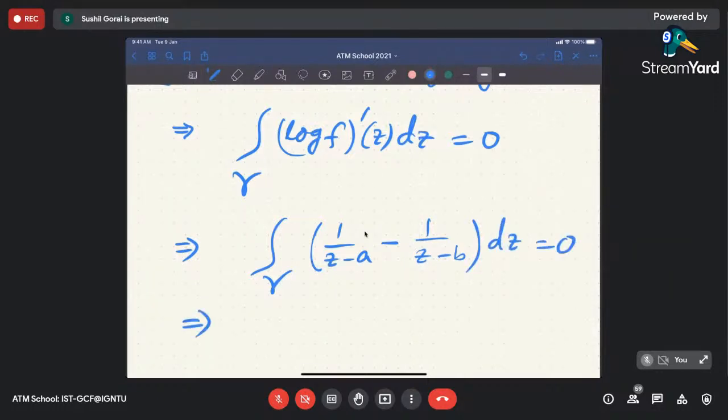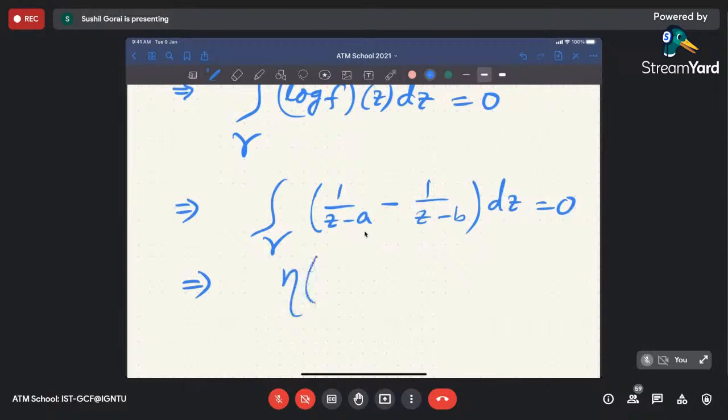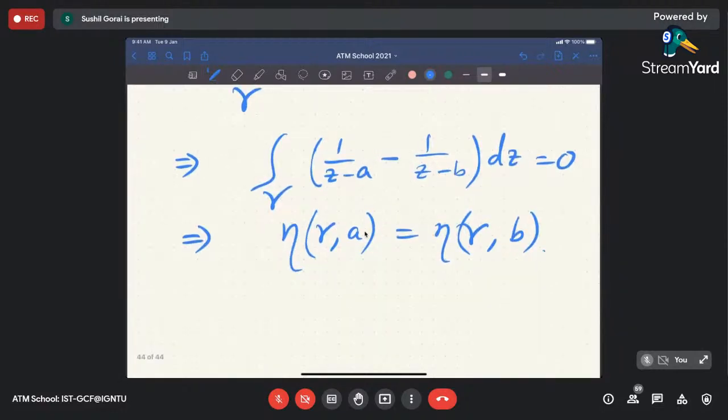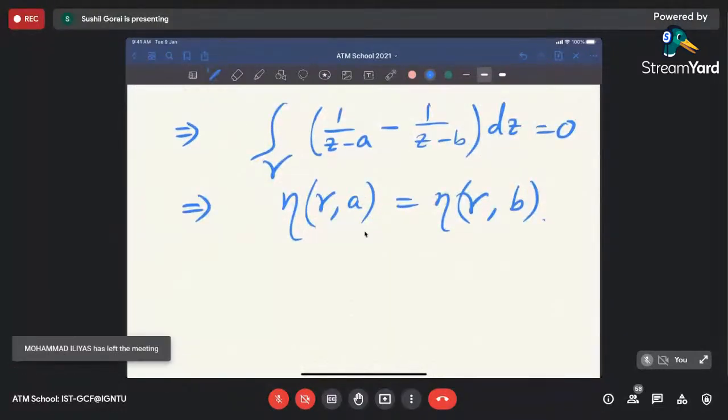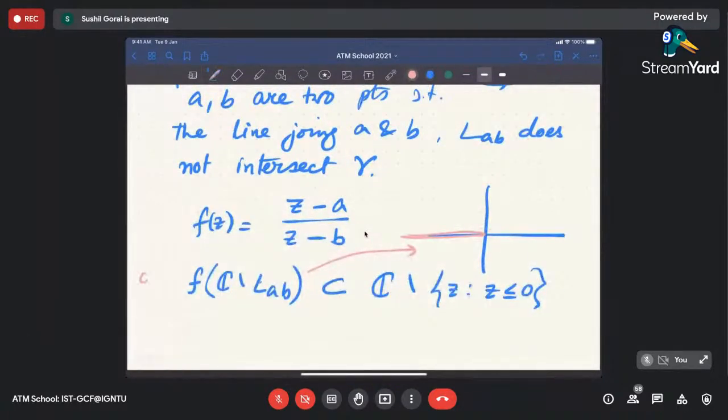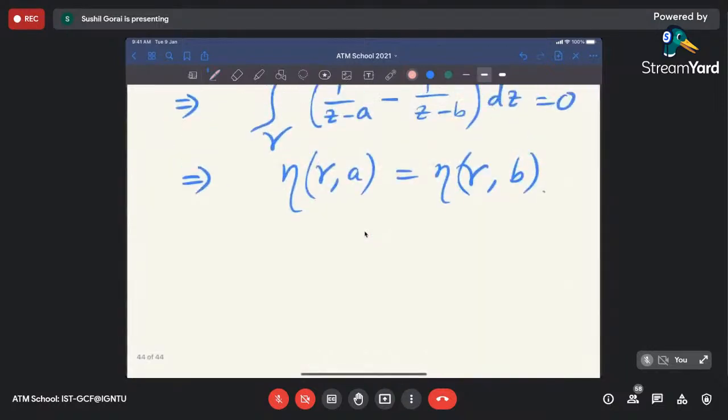This implies the winding number of gamma with respect to A is equal to the winding number of gamma with respect to B. So this is a very nice argument. What you need to check is this part, which I'll just keep as an exercise: the image lies here. This is a very simple function. All right.